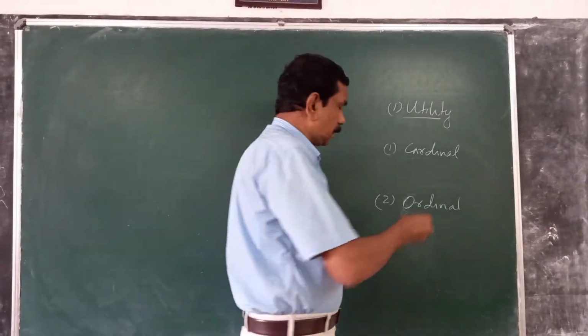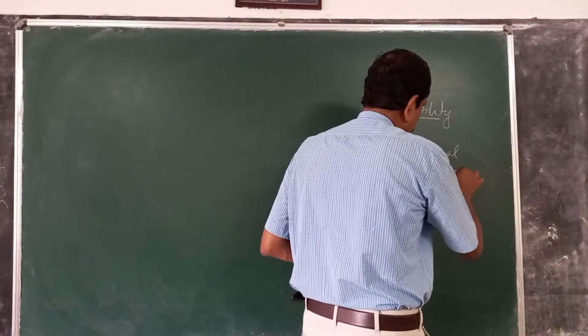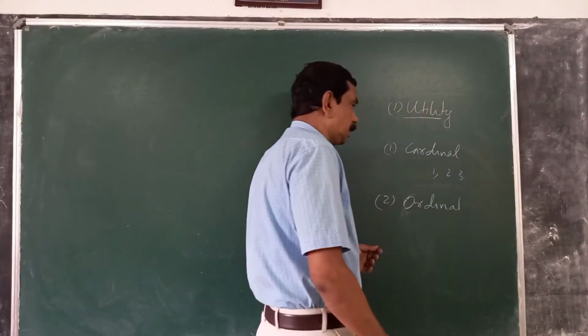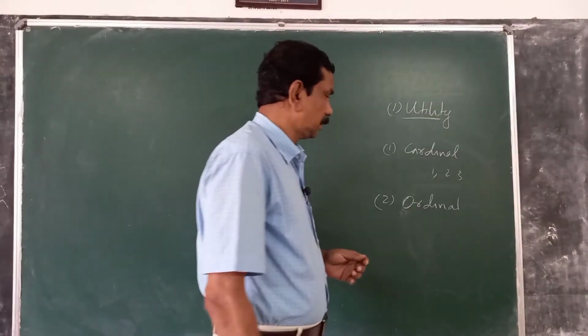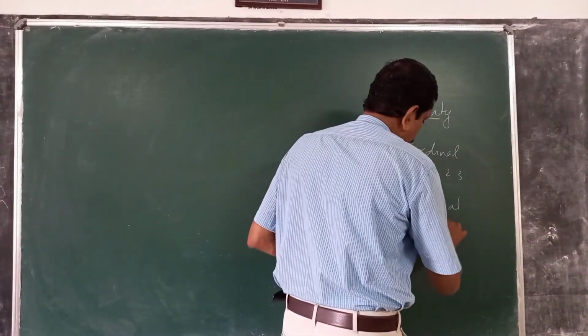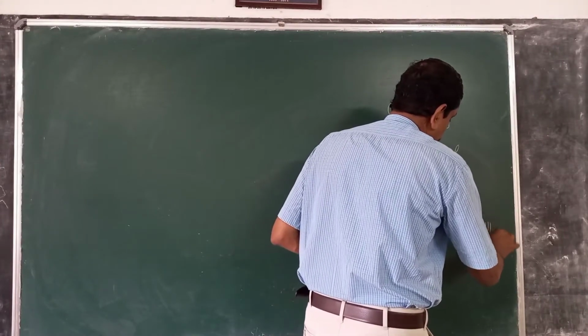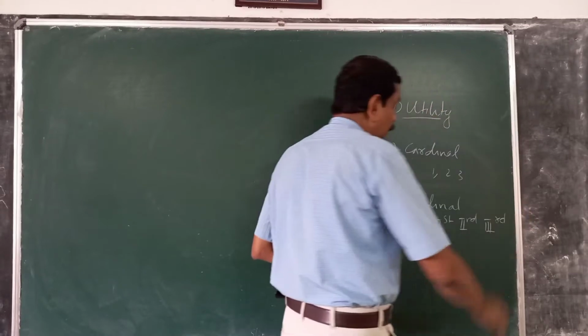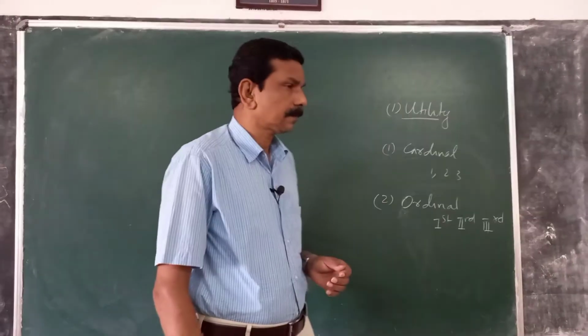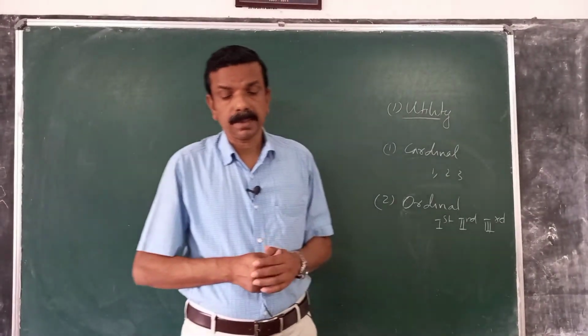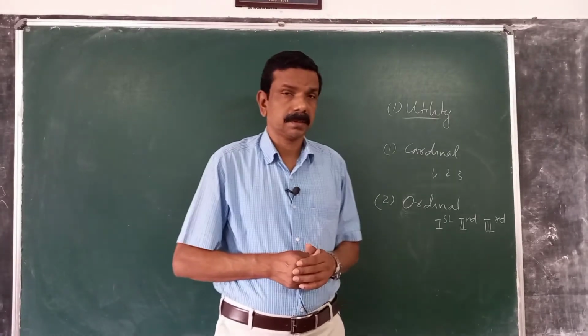Now, the numbers such as 1, 2, 3, etc. are cardinal numbers, whereas the numbers such as first, second, third, etc. are ordinal numbers.